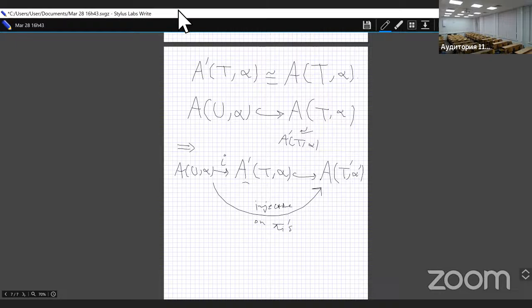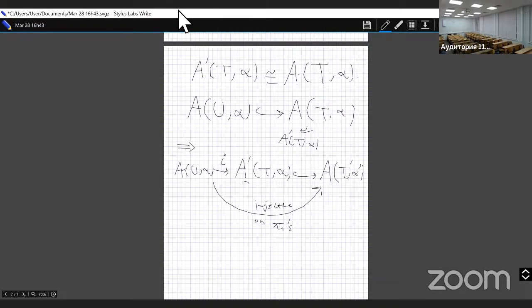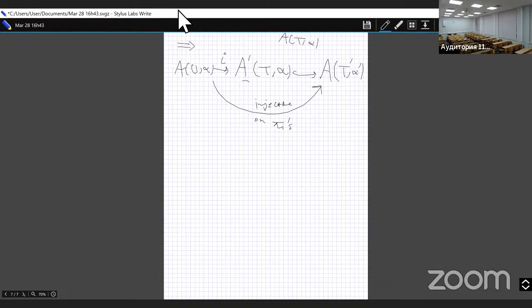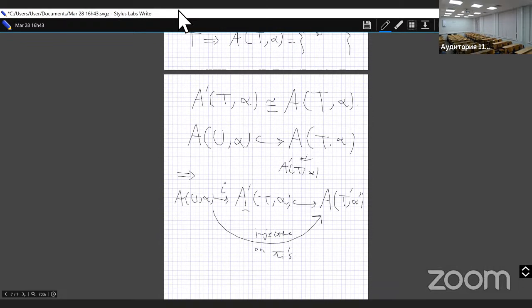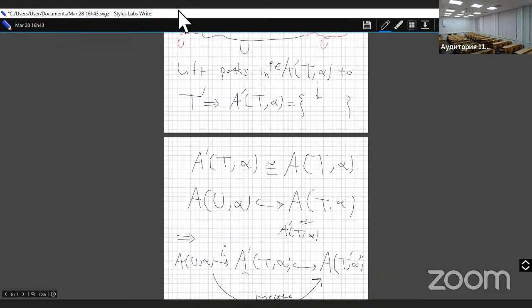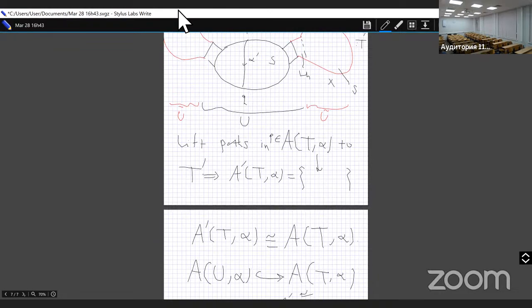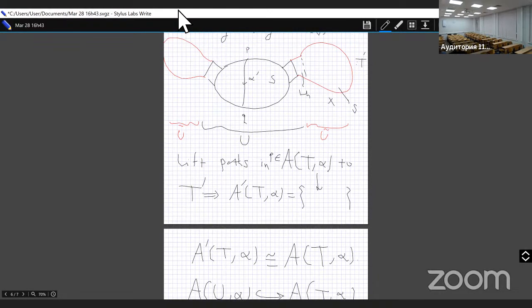This is the last page of my notes. But okay, we have to look at the picture here. Look at the way T prime looks.